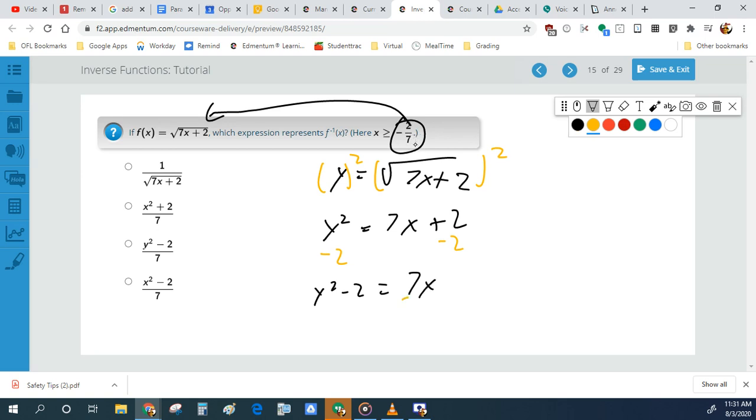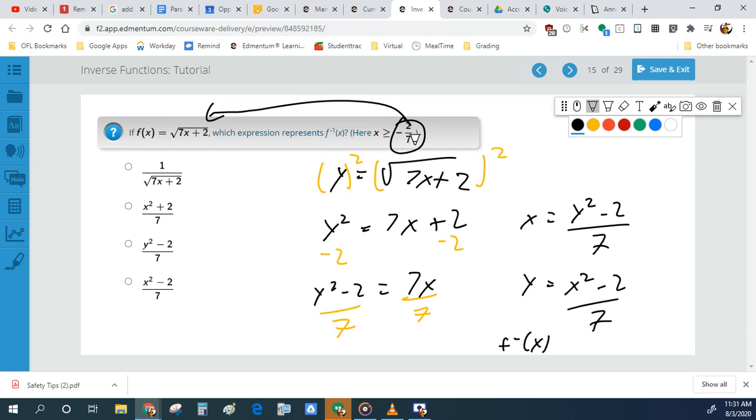We want to get rid of that 7, so we divide by 7, divide by 7. Now we have x equals y squared minus 2 divided by 7, switching our x's and y's, and inserting that inverse sign, which in this case isn't even necessary because they don't even acknowledge the inverse sign.